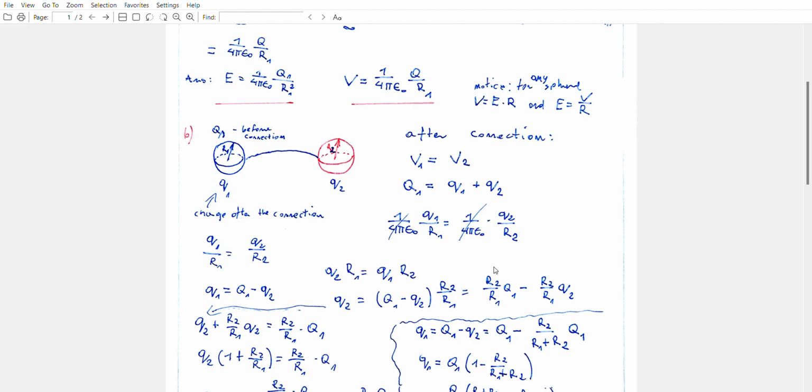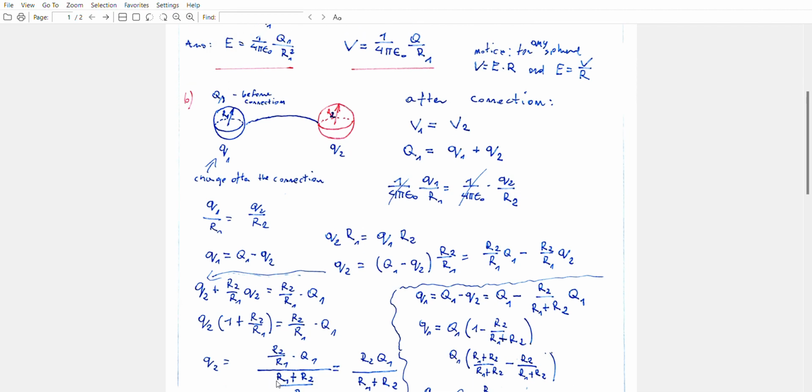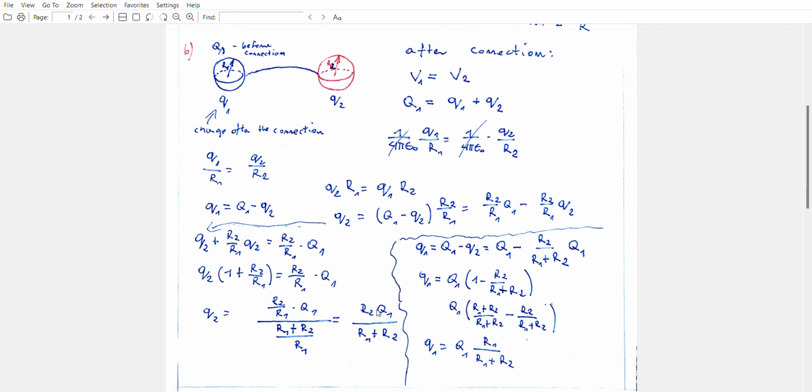Putting the terms with small q2 next to each other and taking q2 as a common factor, solving for q2 gives r2 times Q1 by r1 plus r2. And this is for q2.